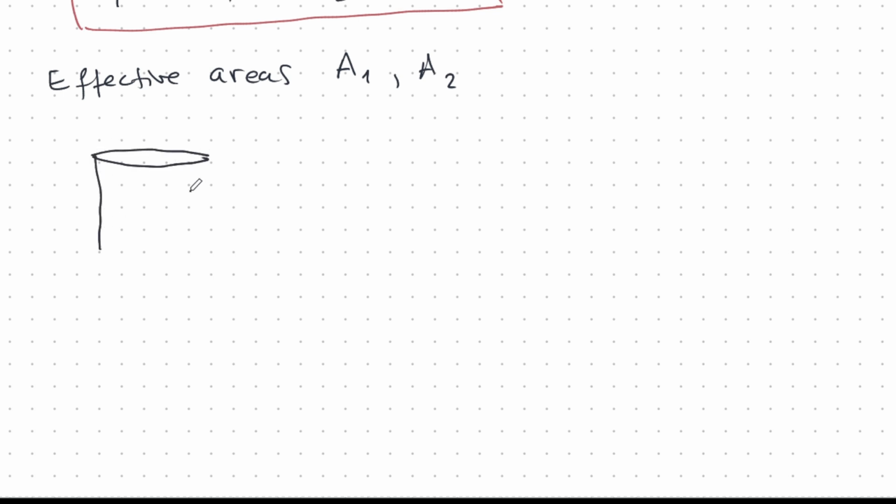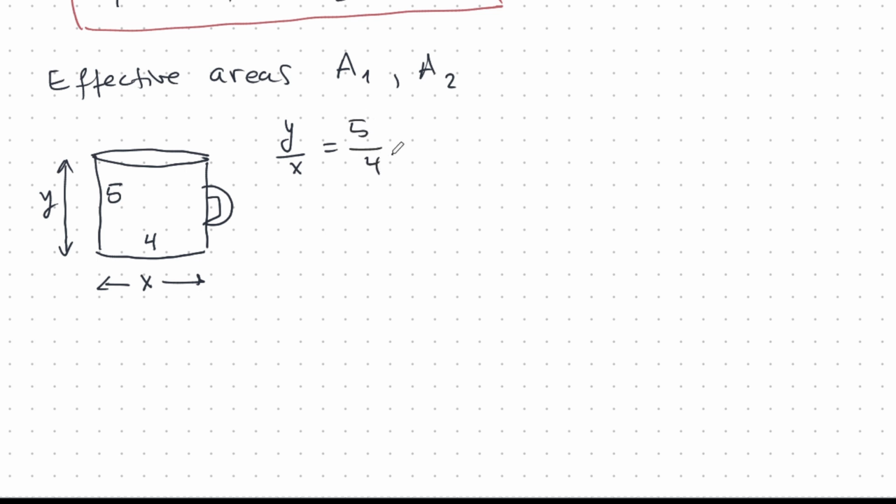So let's take a cup that has a certain kind of proportions. This is going to be 4 and 5, so y and x like this. x is this way and y is this way. So y over x will be 5 over 4. That's typical coffee cup proportions, I think.